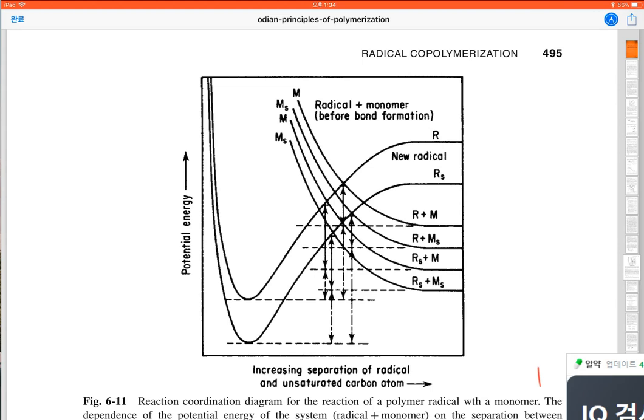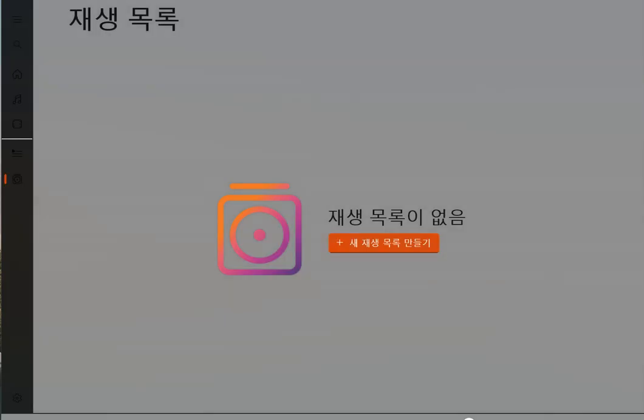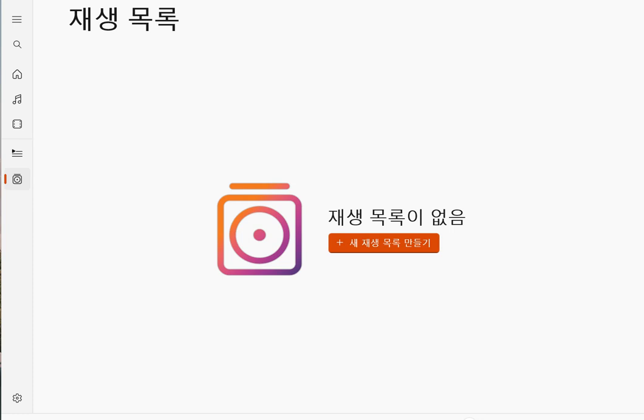This figure shows an energy diagram, and we are familiar with this. There are two different kinds of diagram. One of them looks like this. There are four of these red lines.